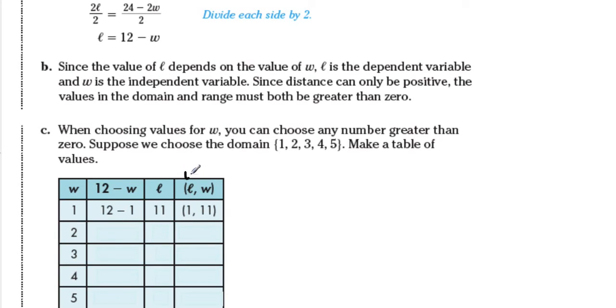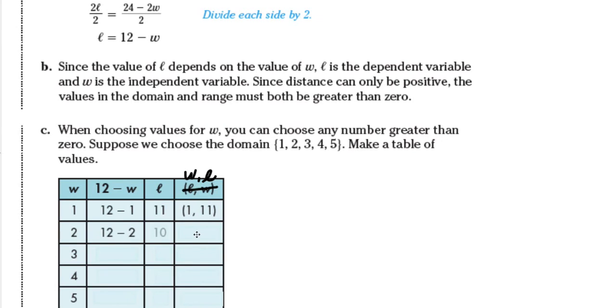This should be a W and this should be an L. So if our width is 1, our length would be 11, because our length is dependent on our width. Let's cross that out so that there would be no misinformation.